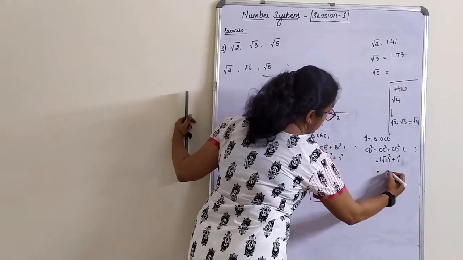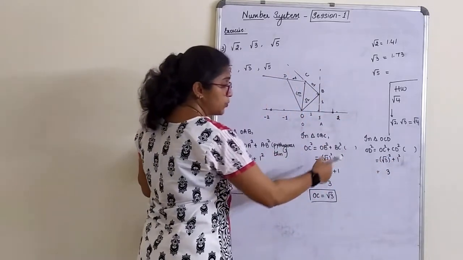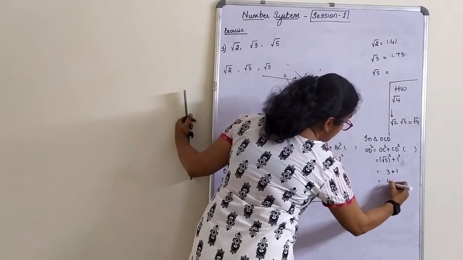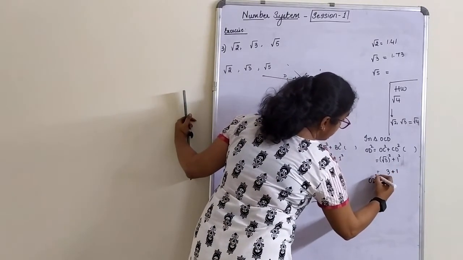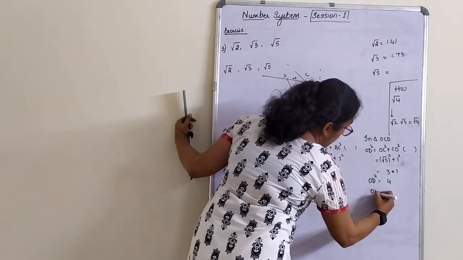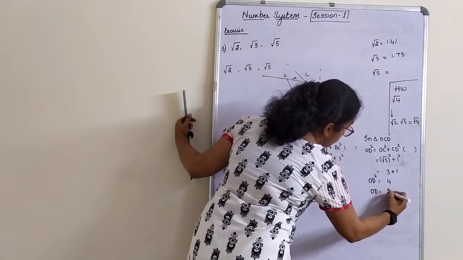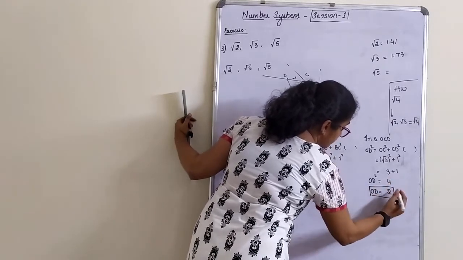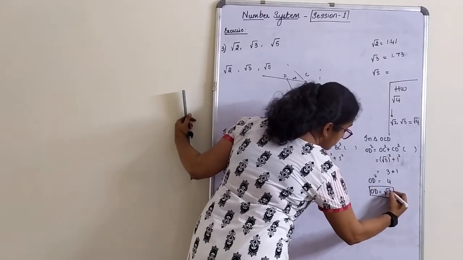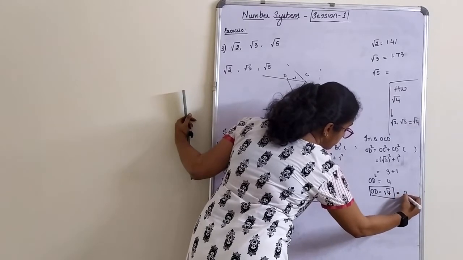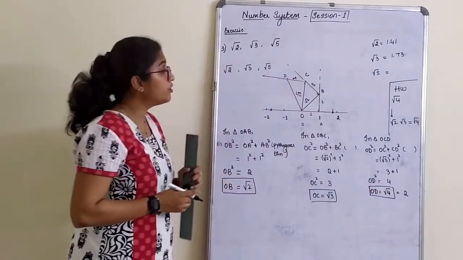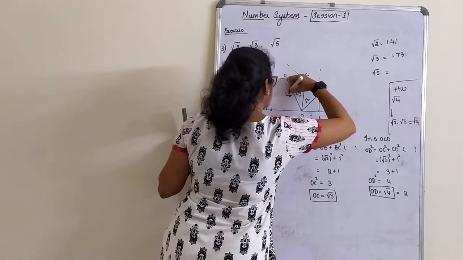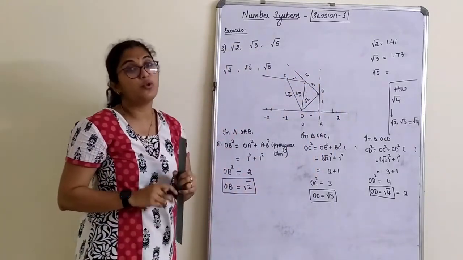What is root 3 whole square? 3. We know that square and root get cancelled. Plus 1 is equal to 4. What is this? We are getting 4 but not 5. So OD is equal to square root of 4, that is 2. Right, we got 4. That means this is root 4. See, we constructed root 4.